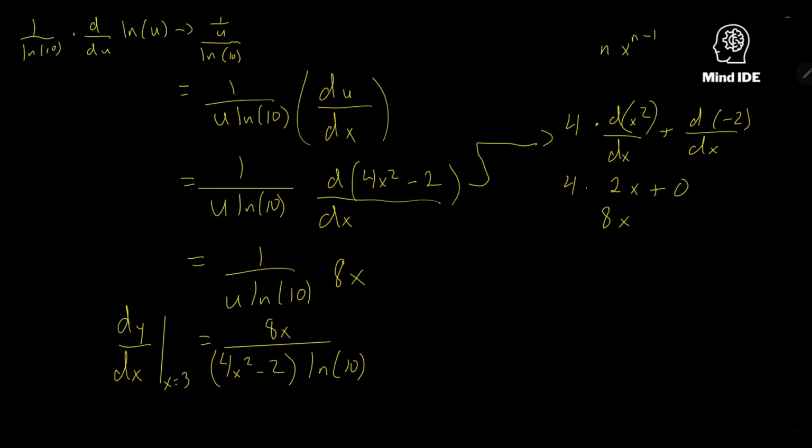Basically just substitute this in. So we get 24 over 34 natural log of 10.